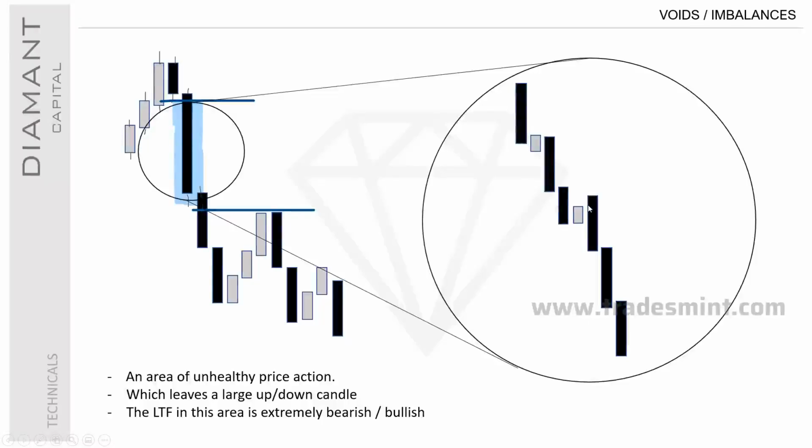This is unhealthy price action because you've got such a large gap in the market with no orders, either up or down candles. You've just got a massive move in that direction. And what usually happens is price likes to aim for that area as a draw on liquidity. A draw on liquidity is when price gravitates to that area.